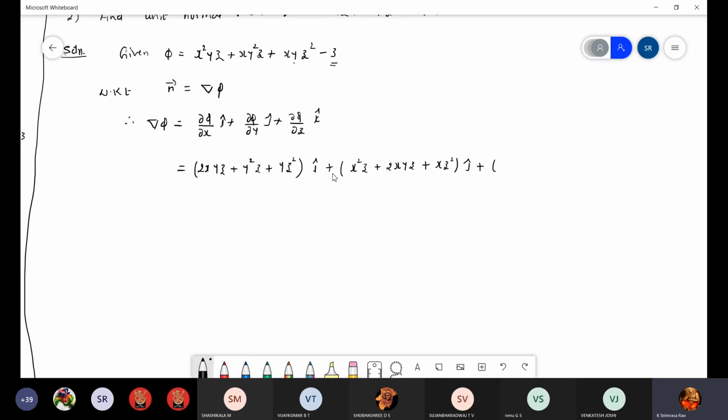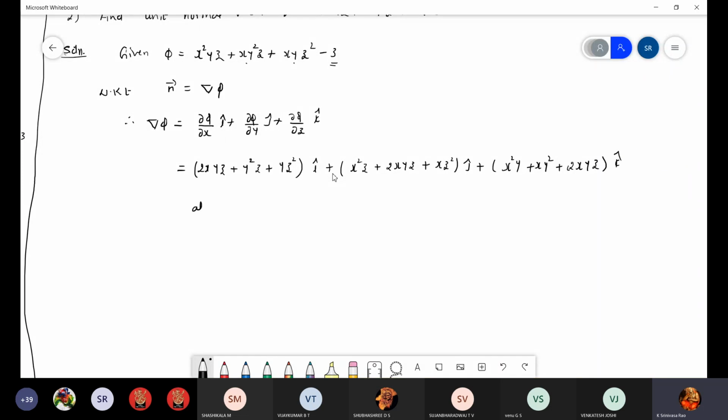Plus with respect to z: x squared y, second term plus x y squared, last term plus 2xyz, because z squared differentiation is 2z, into k cap.